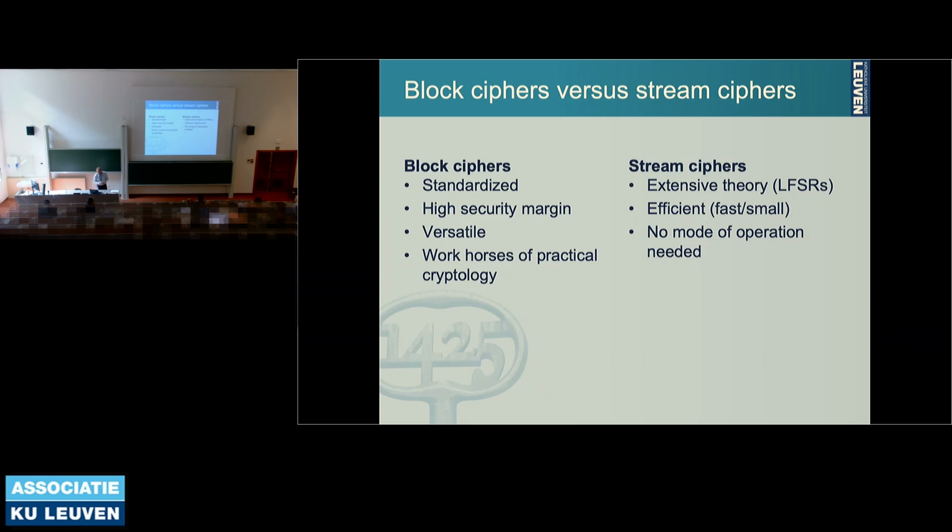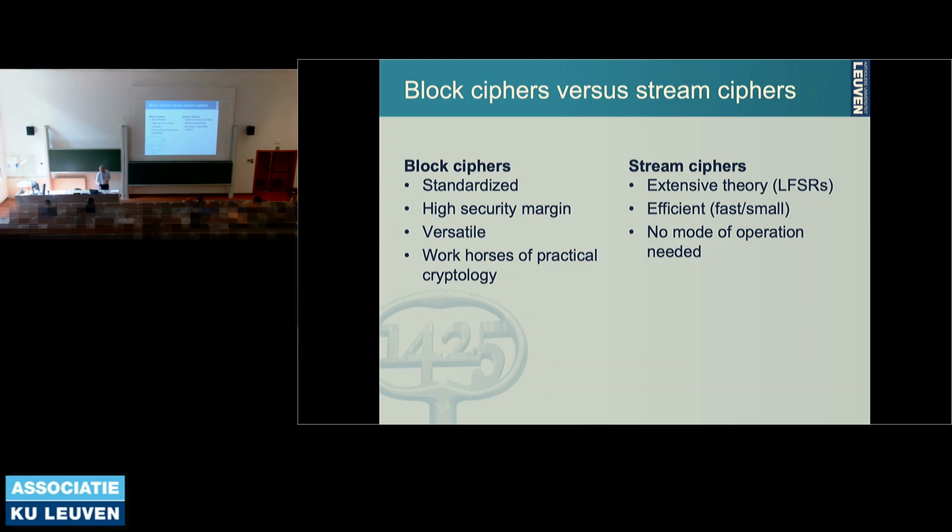Okay. And I made a slide briefly comparing block ciphers with stream ciphers. The big advantages of stream ciphers are the extensive theory that exists mostly about LFSRs. But as I said, in the real designs, we always step just beyond the LFSRs, because only LFSRs are linear and hence breakable. So you always need to just step outside this theory to get a possibly secure cipher.